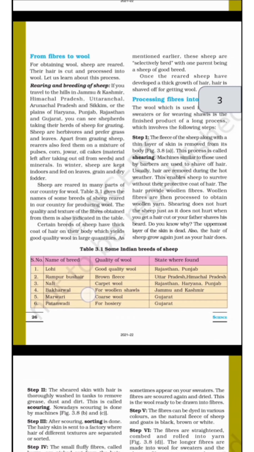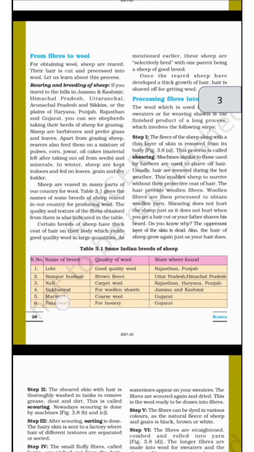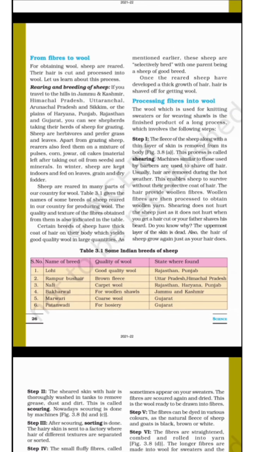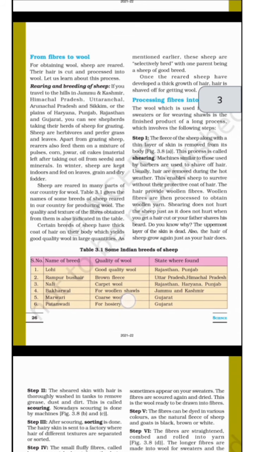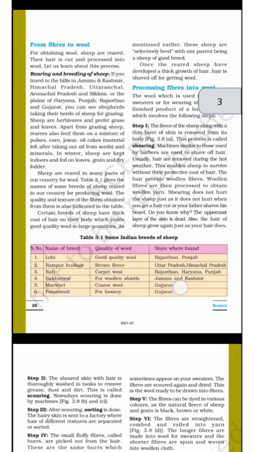And Bakharwal is present in Jammu and Kashmir. It will give wool for making woolen shawls. And Marwari, this sheep will give horse wool. Horse wool means thick wool. And we can find the Marwari in Gujarat.